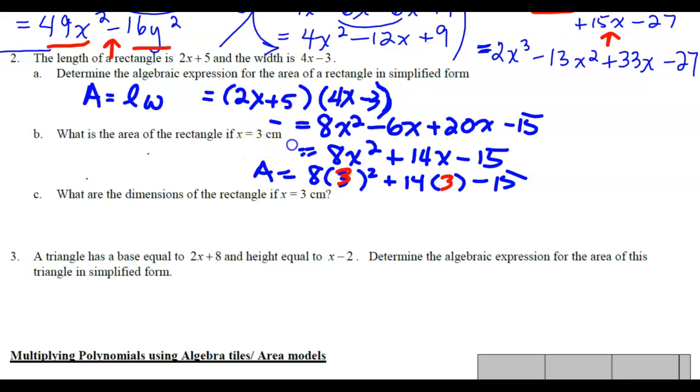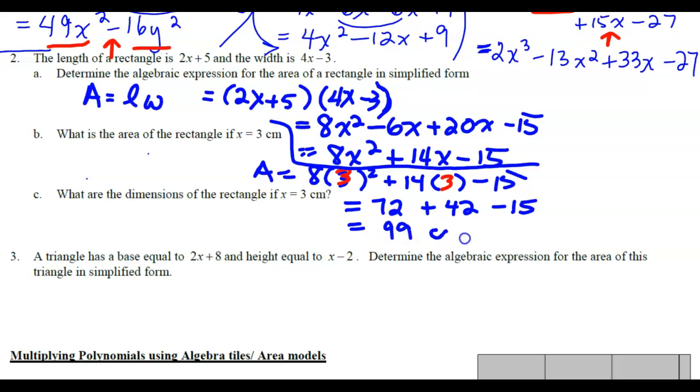This was from part A. So 3 squared is 9, times 8 is 72. 14 times 3 is 42, minus 15. So what's that? 114 minus 15 is 99. And that would be centimeters squared, because x was in centimeters.